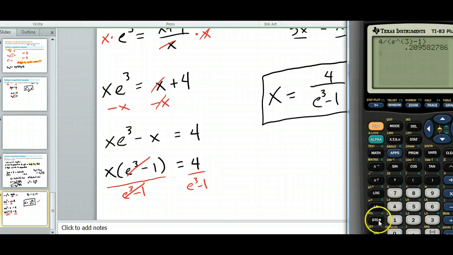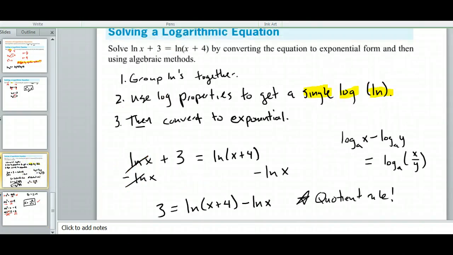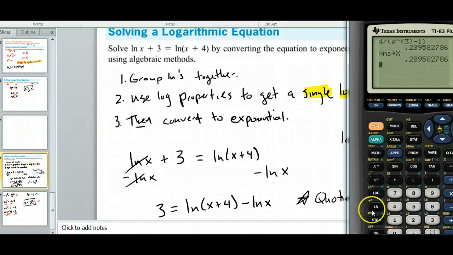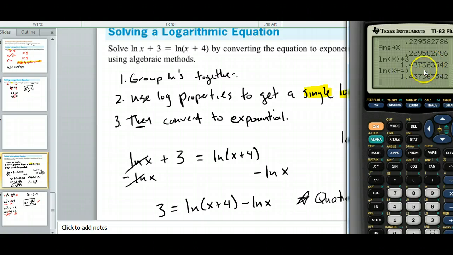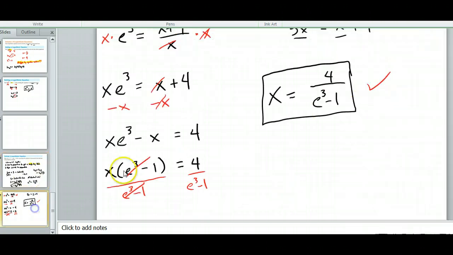So we're going to hit the store button, store that as x, and then we just rewrite our original equation verbatim. Natural log x plus 3, that's the left side of the equation. Natural log of parentheses x plus 4, that's the right side. They're equal. The left side is equal to the right side when x is equal to that number. So that means it is our solution. But make sure you always check.